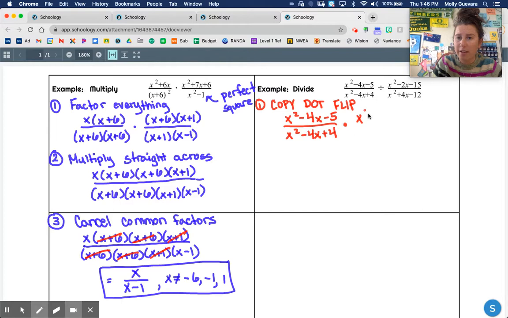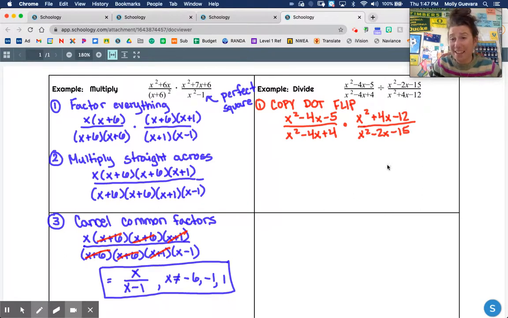So now I have x squared plus 4x minus 12 on top, and x squared minus 2x minus 15 on bottom. So that's step 1 when I'm dividing, you just have to do the copy dot flip.